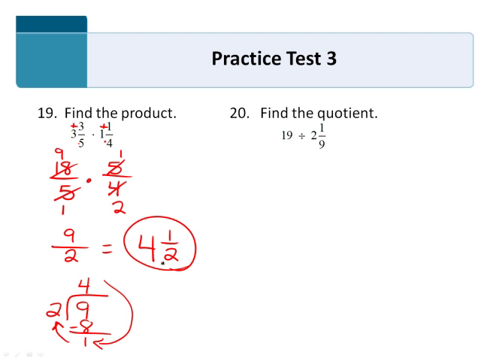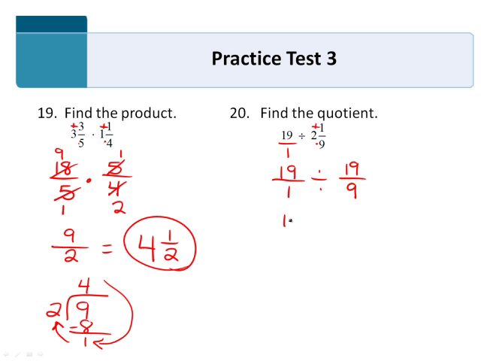All right, number 20, find the quotient. So we have 19, I'm going to put it over 1, and we're going to change the mixed number 2 and 1/9 to an improper fraction. So 19 over 1, keep it as division right now. That's going to be 9 times 2 is 18, plus 1 is 19 over 9.